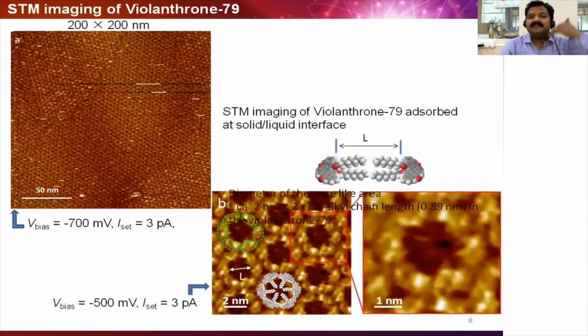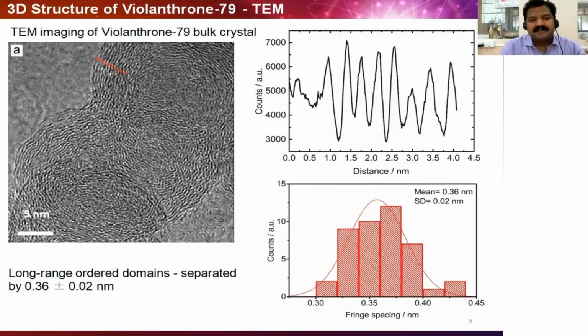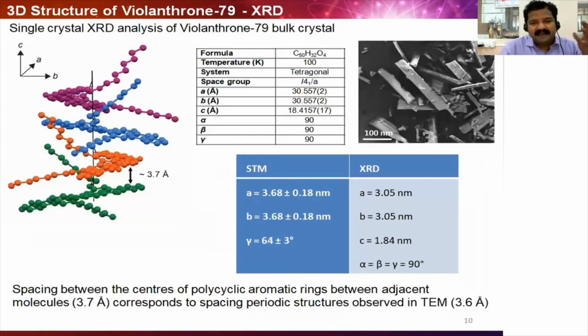While on the other hand, in the bulk crystal, there is a long range arrangement, and that is governed mainly by the pi-pi interactions between the aromatic cores of these polycyclic aromatic molecules. So this is the interesting comparison that we made, and in XRD, actually, we still get these lattice parameters.